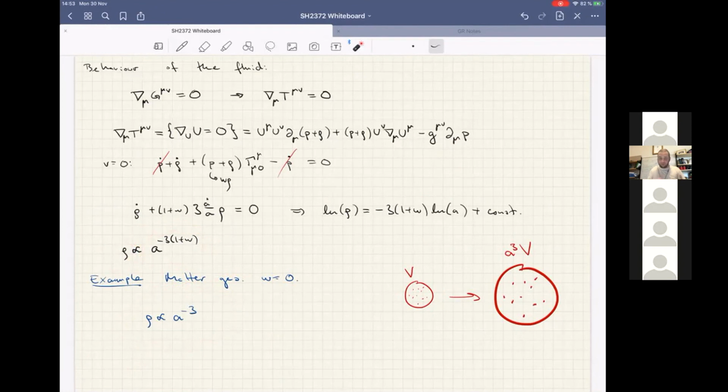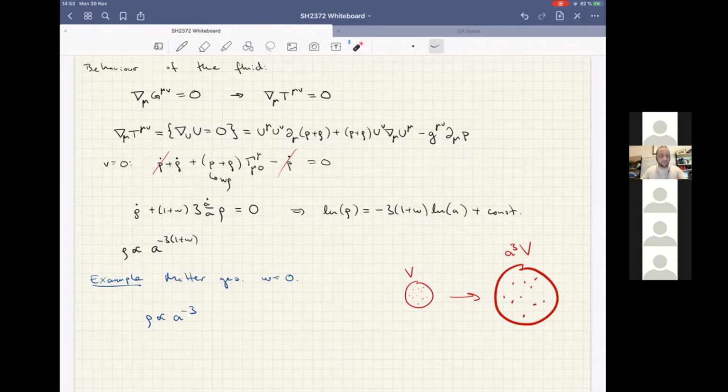So the universe becomes full of this very, very high energy component, and we don't know a priori that general relativity is going to be valid there. So at some point, we expect quantum gravity to take over. And we currently don't have a good theory of quantum gravity.